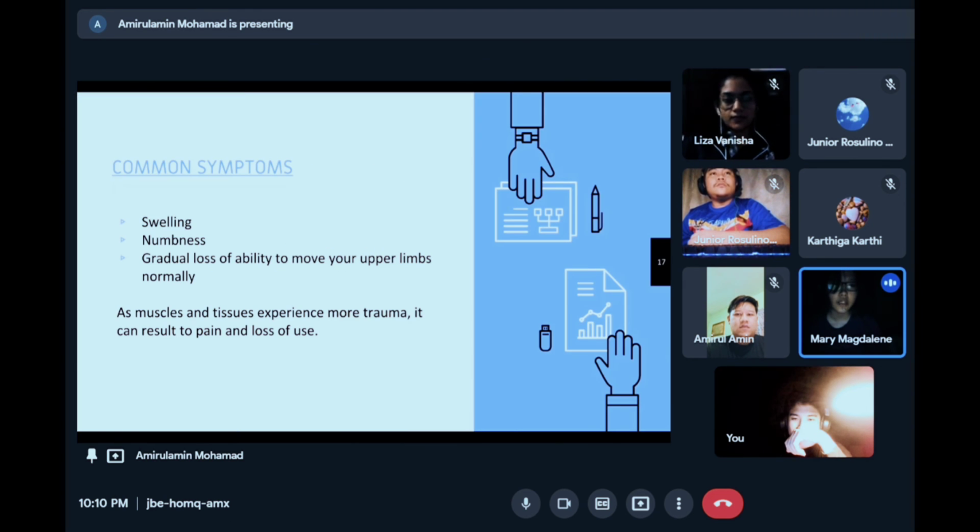The most common symptoms for overuse syndrome are usually swelling, numbness, and a gradual loss of ability to move upper limbs normally like they should. As muscles and tissues experience more trauma, it can result in pain and loss of use.